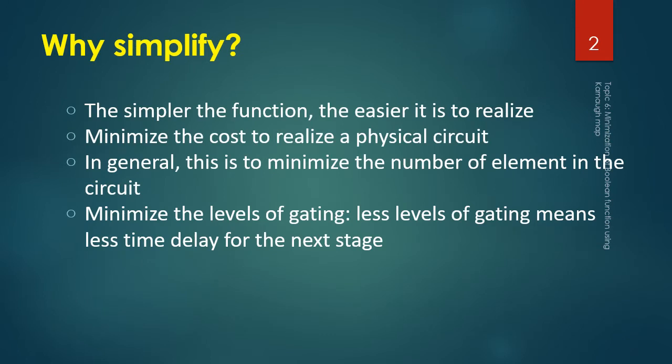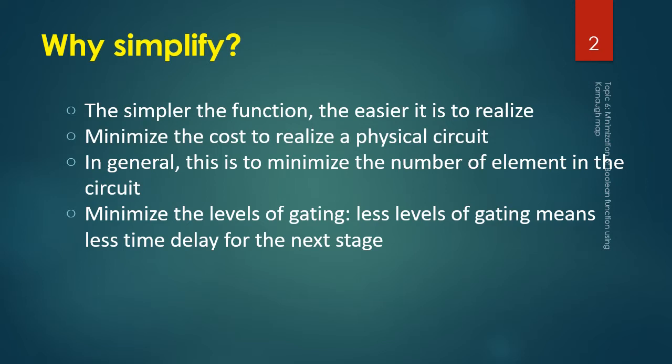Just as I mentioned in some previous videos, there are plenty of reasons we need to simplify the Boolean functions. The first one is that the simpler the function, the easier it is to realize using a circuit. Second, a simpler circuit means lower cost.